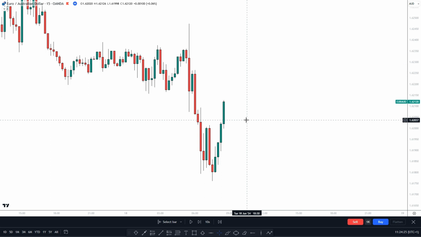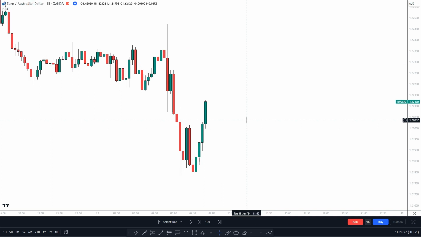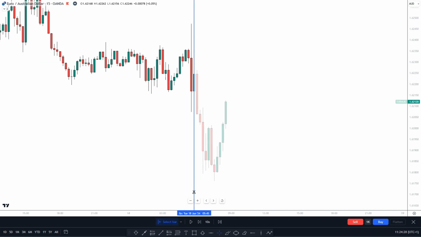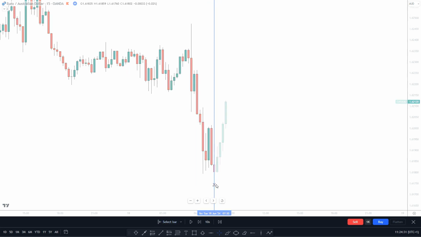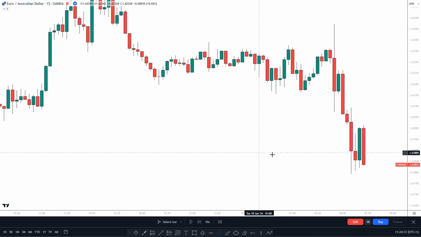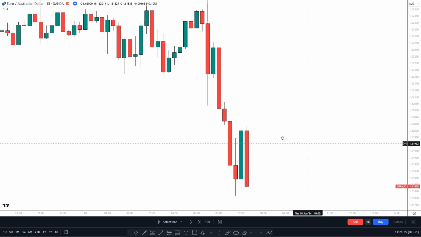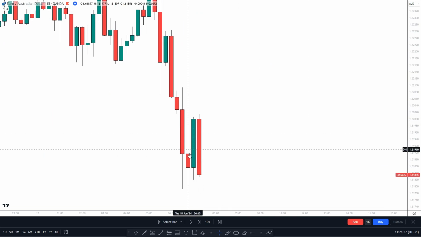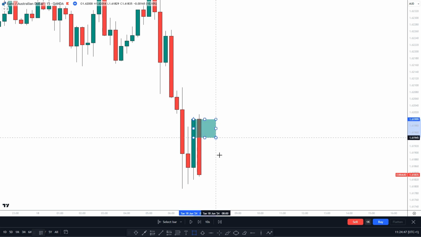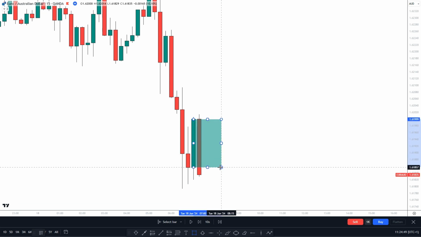Now let's go into the entry and see what we can identify. So I'm just going to rewind to this part here and just have a look. So if we have had a situation where price has created a green candle at an area that we are looking for sells, for example, and then the next candle does this, what do you notice about the size of this candle and the size of this candle?